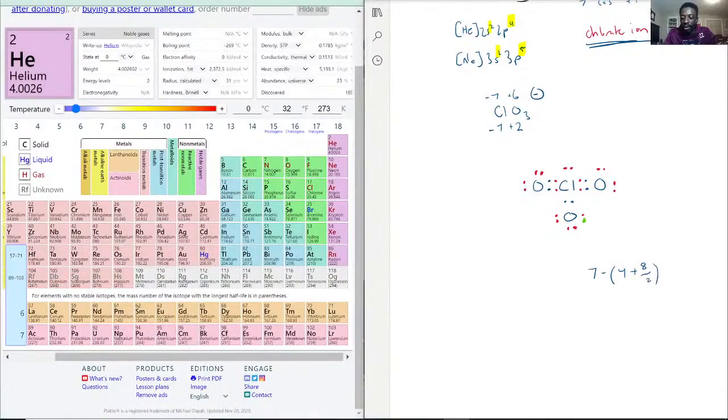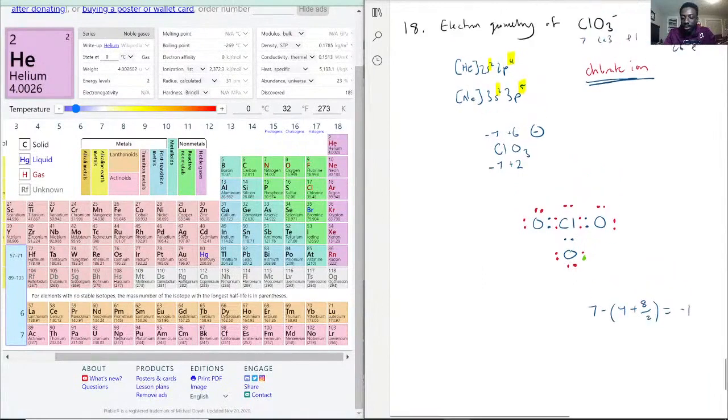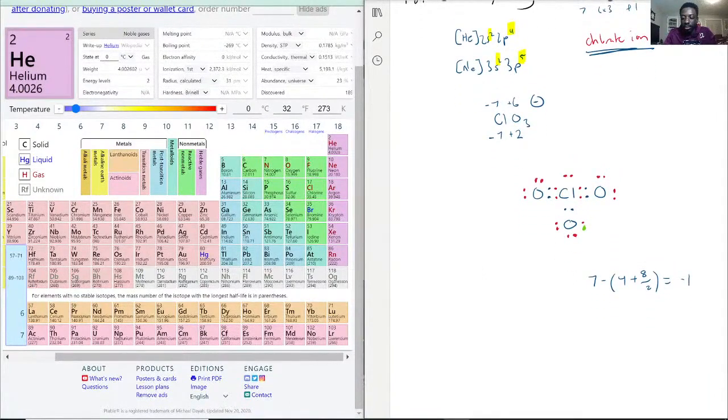So 7 plus 4 plus 4 equals plus, well, minus 1. Interesting. I'm just double checking here. We have 4, and then we have 1, 2. Let's just do the math and continue and see what's up here.